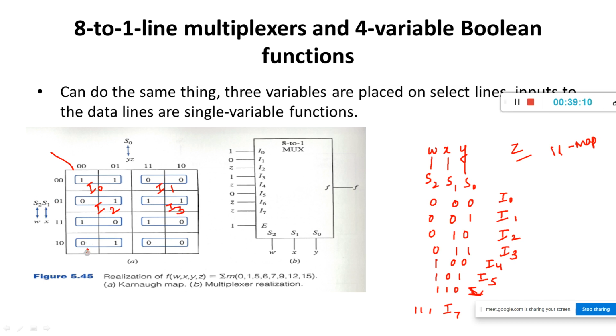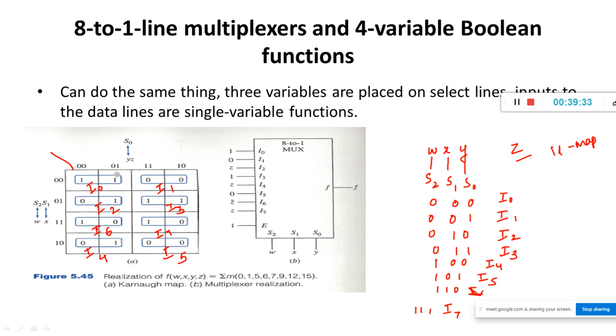Next 1, 0, 0 is the I4 submap. Next 1, 0, 1 is I5. 1, 1, 0 is I6. 1, 1, 1 is I7. So all these are maps. Okay, so we got now the submaps.